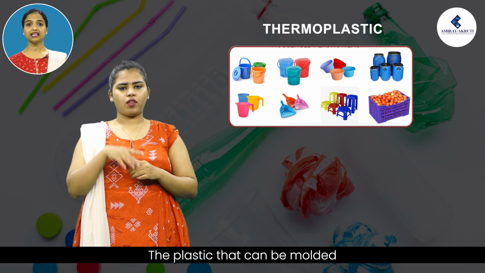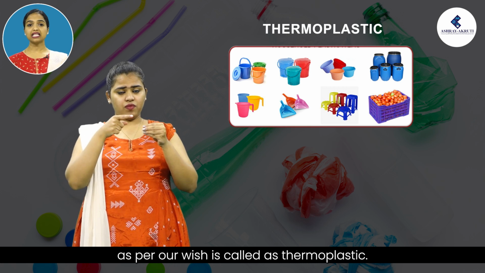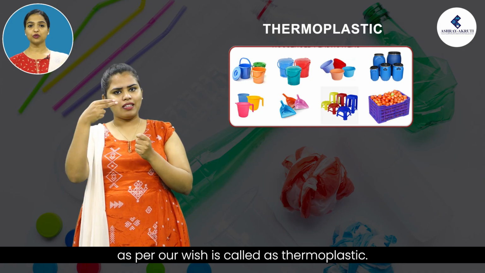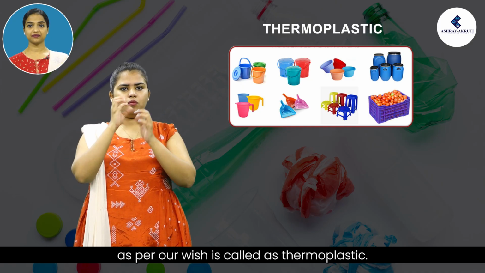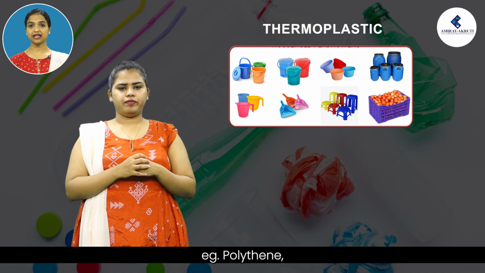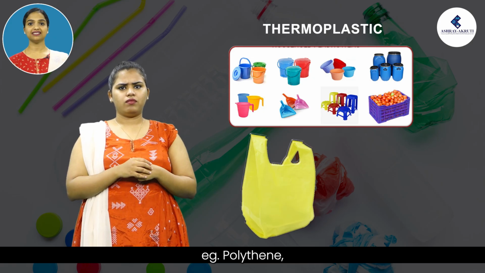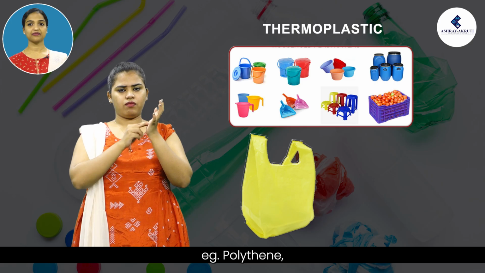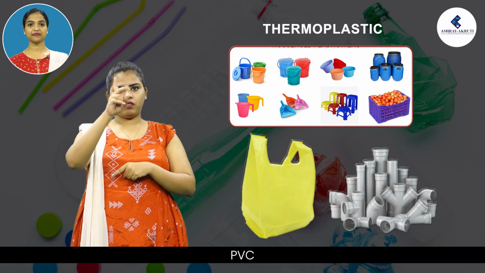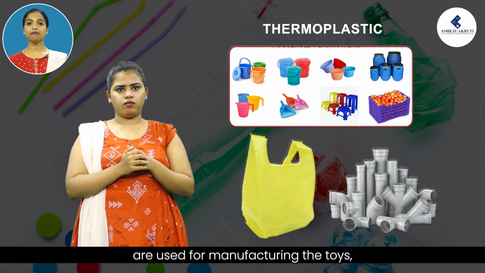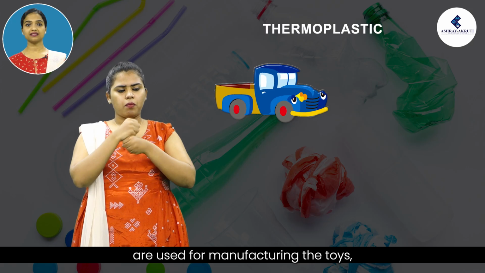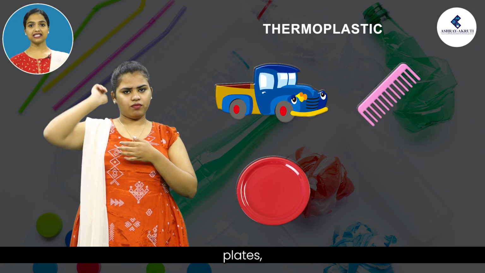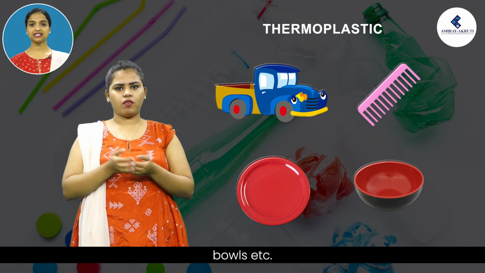The plastic that can be molded as per our wish is called as thermoplastic. For example, polythene, PVC are used for manufacturing the toys, combs, plates, bowls, etc.